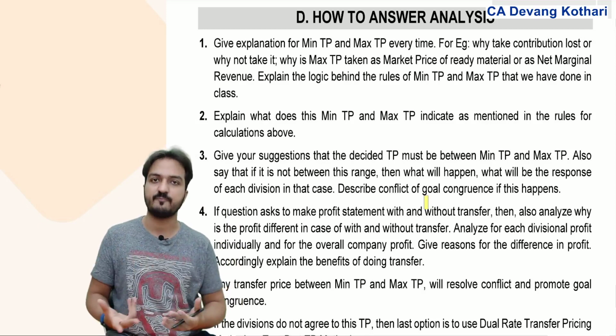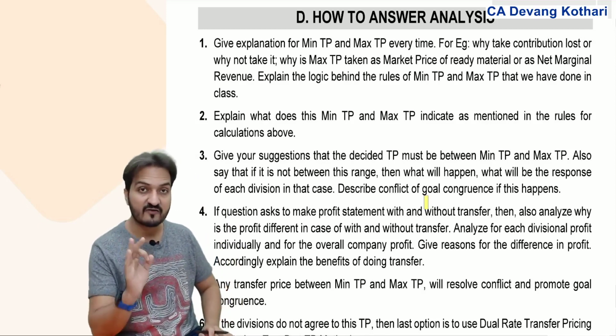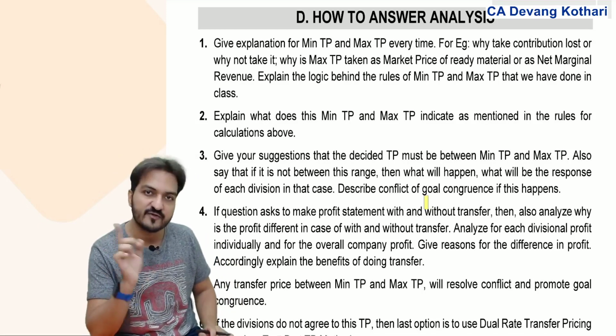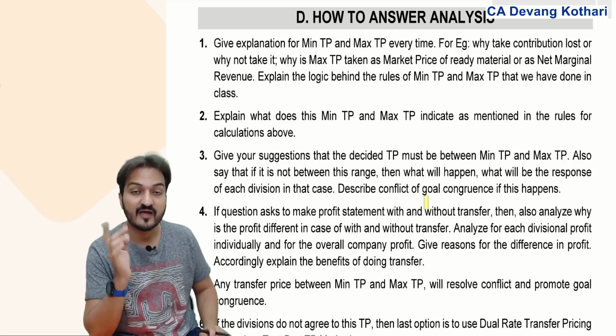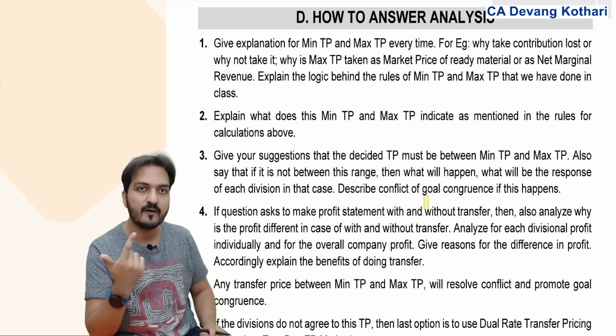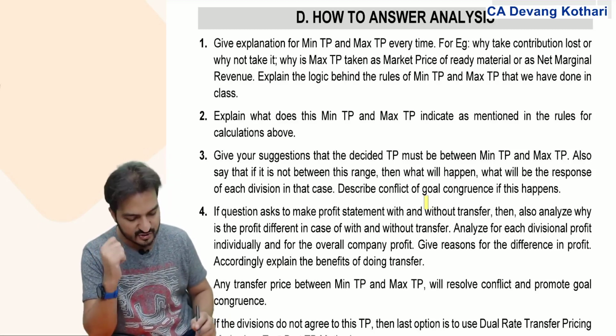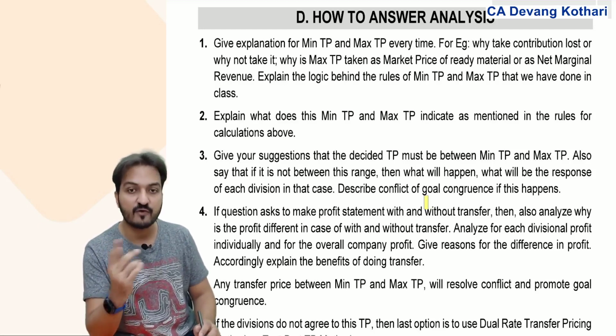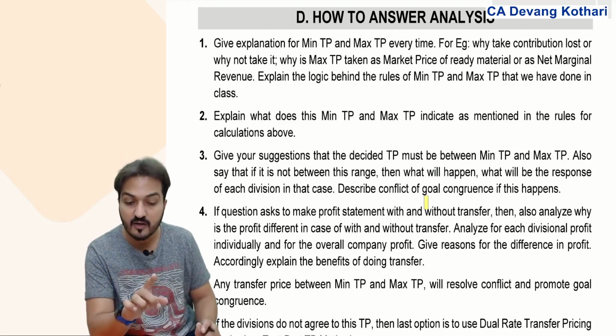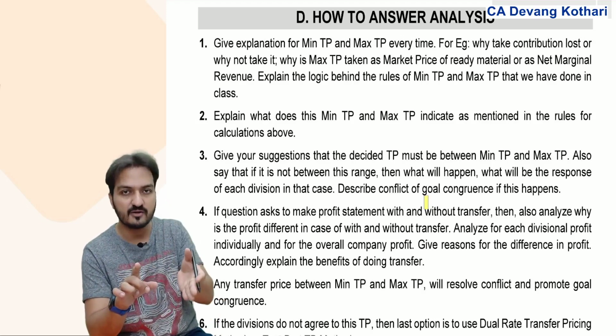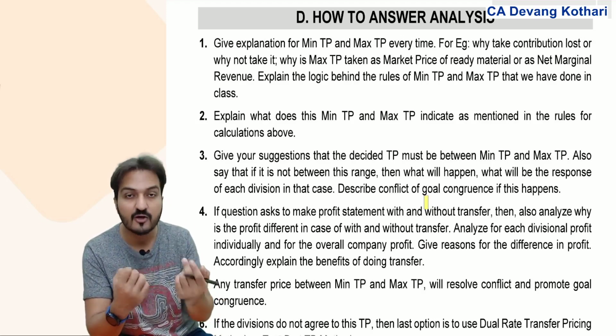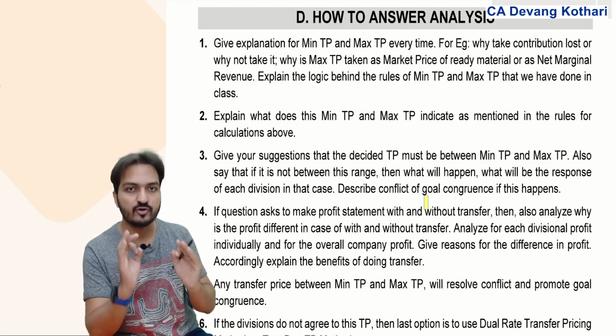Accordingly, what will the division prefer? In short, you have to mention the preference of the division manager with respect to the profit that they earn. You mention that division A is getting better profit when a transfer is not done. Mention that division B is getting better profit when transfer is done. Whatever be the case, write that in your analysis.